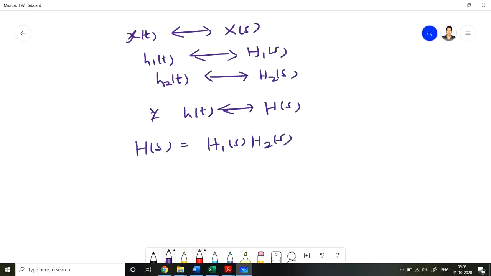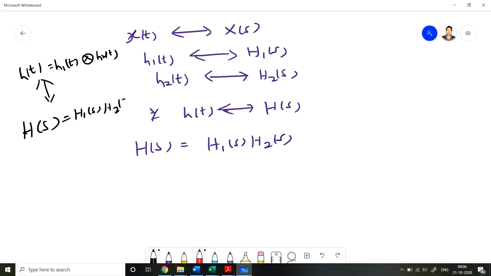Why is this so? Because h(t) equals h1(t) convolved with h2(t), and convolution in the time domain is equal to multiplication in the s domain.